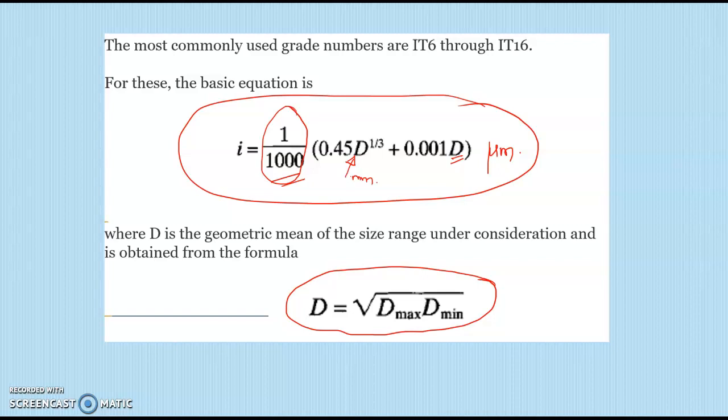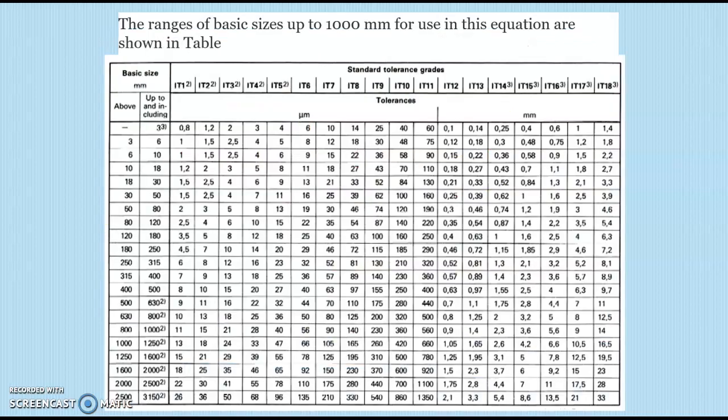The d max and d minimum will be obtained from a table for basic sizes, which will be discussed in the next slide. Now this is the table for basic size. First we have to determine the lower limit and upper limit of the range in which our basic size falls.